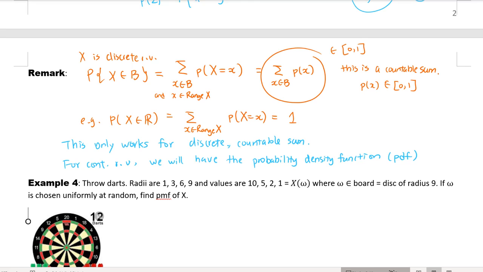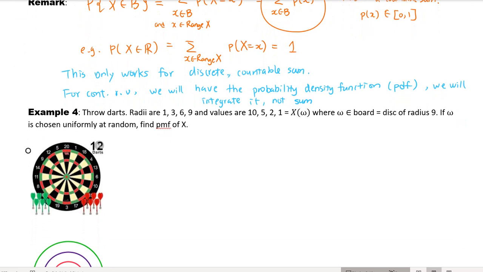For a continuous random variable, we have PDF, probability density function. And we will integrate it, so not sum. For a discrete random variable, we sum, we add the probabilities. But for a continuous random variable, we integrate the PDF. Okay, we don't add them. Alright, so we'll talk about this more in chapter 5.